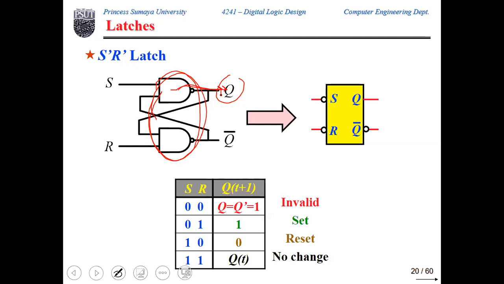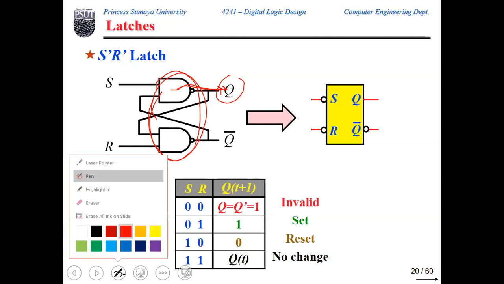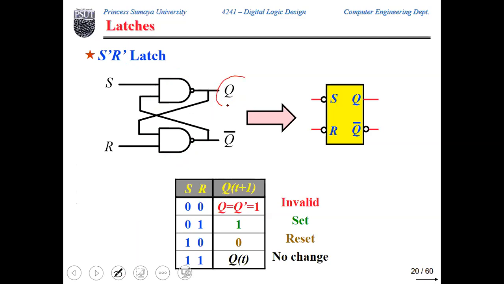But we will not go into the details. So basically, I want you to remember this. There is only one Q, and the Q of t plus 1 is calculated here, the same way we analyzed the circuit, and it will appear on Q shortly, after a very little amount of time. Okay?